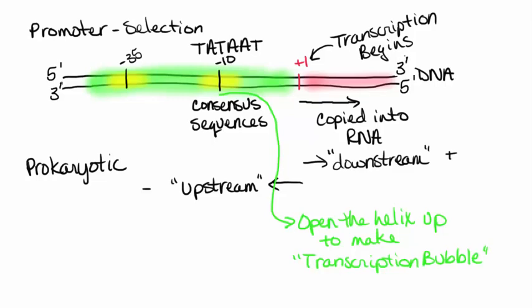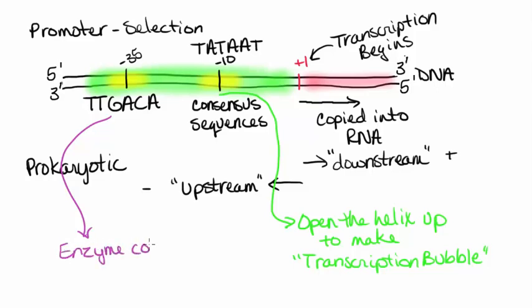The other sequence, the -35 sequence, has a different order to the nucleotide bases. In this case, it's going to be TTGACA. This particular sequence, if we write it down below, is where the big enzyme complex is actually going to bind to the DNA.